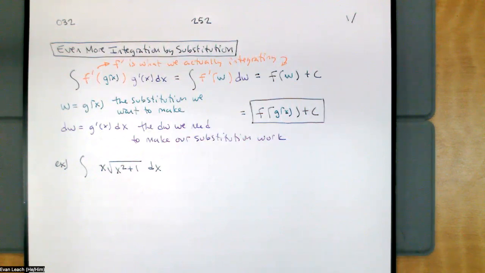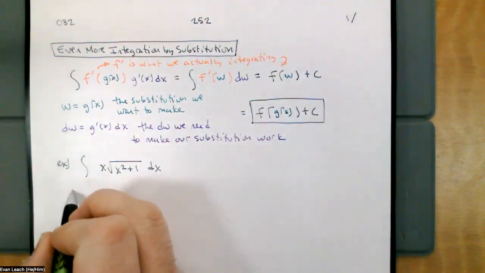We're going to have an extra factor of 1/2 because the derivative of the inside is 2x, and we're going to have to cut that in half. So we can see right away that this is going to be a 1/3 x squared plus 1 to the 3/2. We want to be able to write down the answer by identifying those three parts and knowing what's going to happen. Let's write down the details to make sure that that happens.